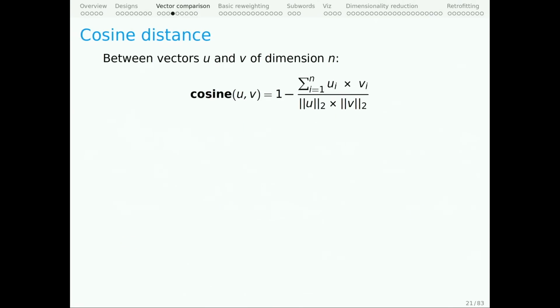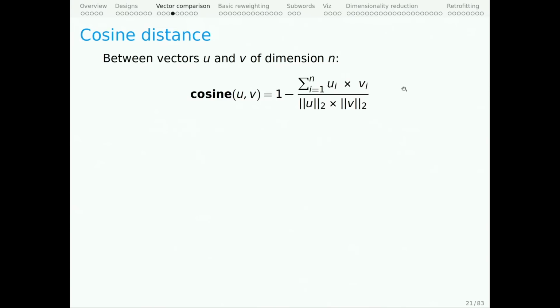Cosine distance. This is the workhorse of this. This is the distance measure that everybody uses if they don't mention which distance measure they used. And I think there's a good argument for that, because what cosine distance is doing is simultaneously a Euclidean-like comparison, but in that length normalized space. Here's the calculation.